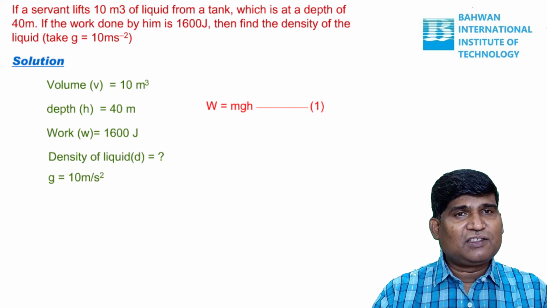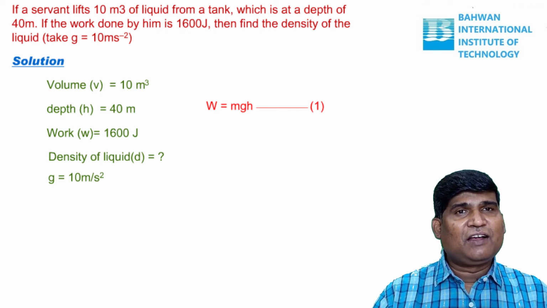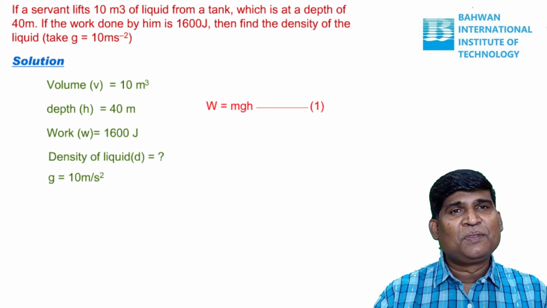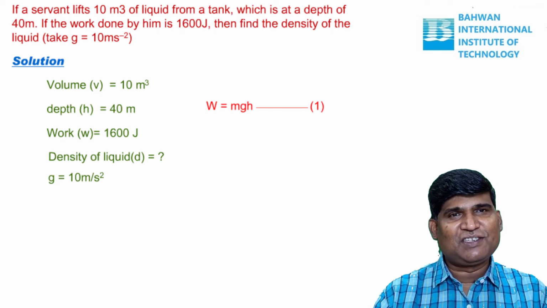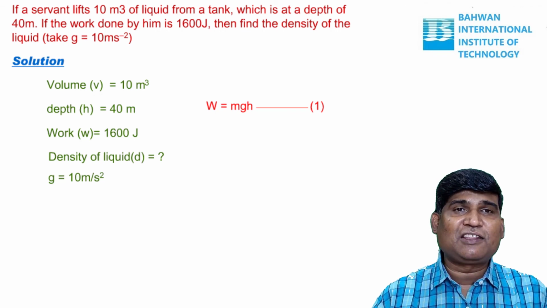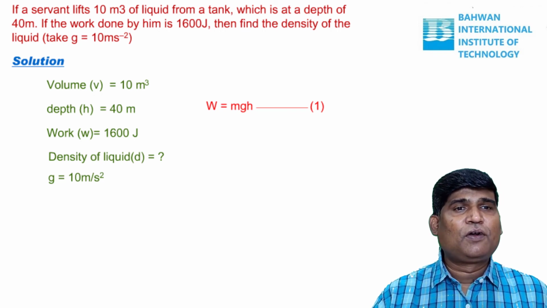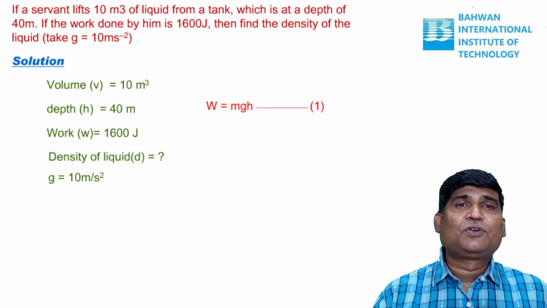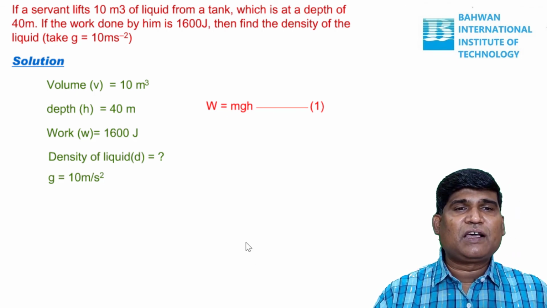Here force is nothing but the weight of that liquid. The weight of the liquid, we learned already in previous chapters, is mg. That means the force is mg here. In the place of force we are writing mg. Now displacement is nothing but the depth, therefore I am writing displacement as h. Right? So W is equal to mgh.